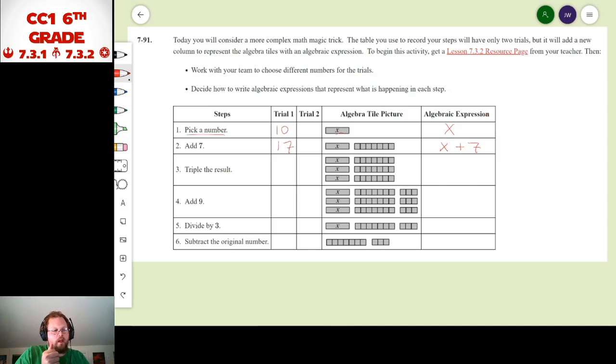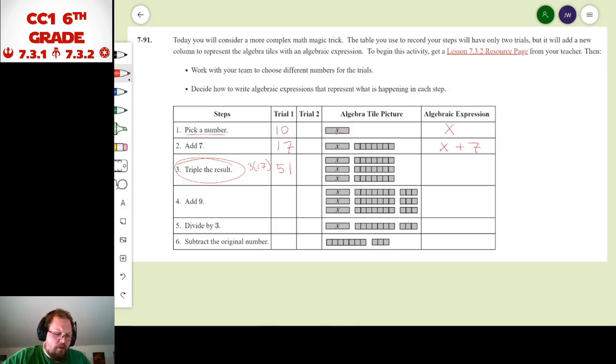Oh well. Now, this step right here, where it says to triple the result, you realize that to triple something is to just multiply it by 3. So if I took 3 times 17, okay, 3 times 17 is 51.